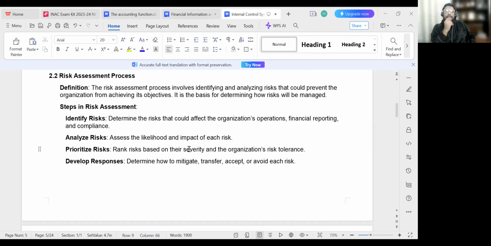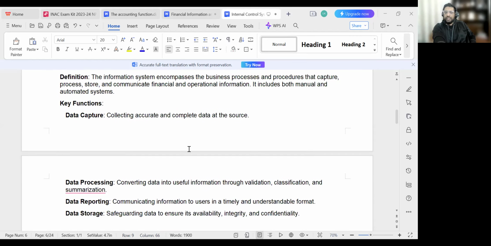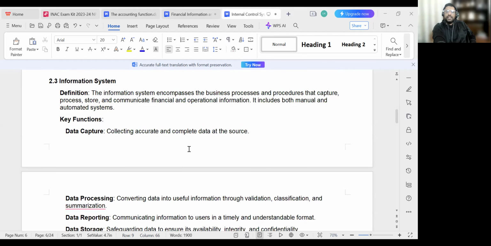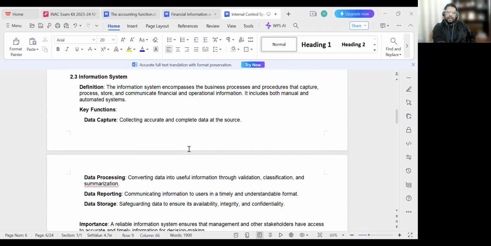The second component is the risk assessment process. Okay. Then we have the information system. An information system for any organization is basically the system which provides information throughout the organization.